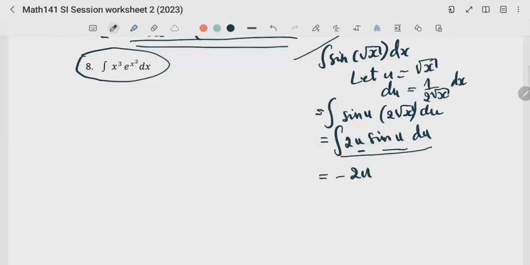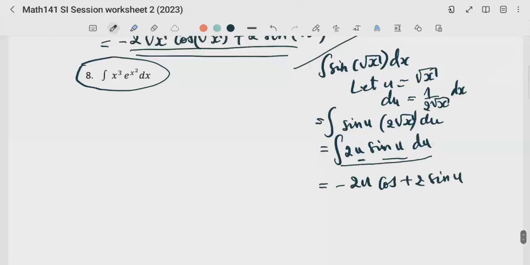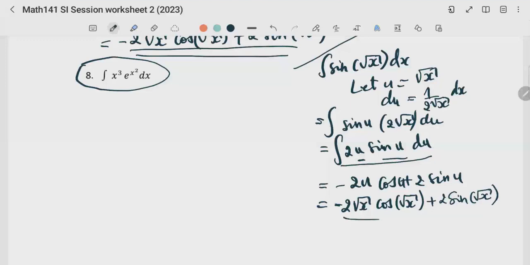And we know that we substituted root x to be u, so that would be negative 2 root x cos of root x plus 2 sine of root x. And there you go, right?